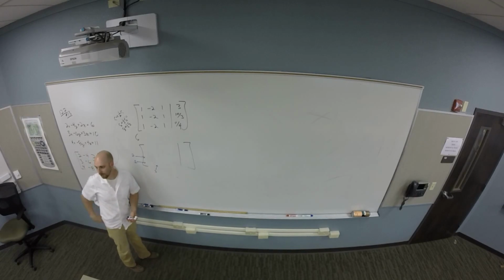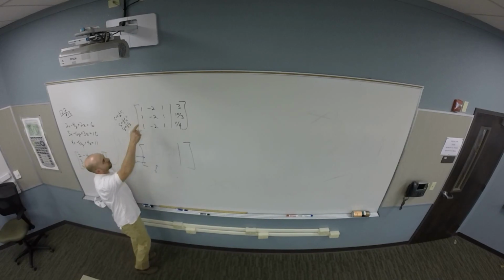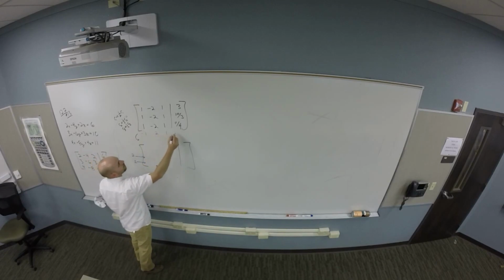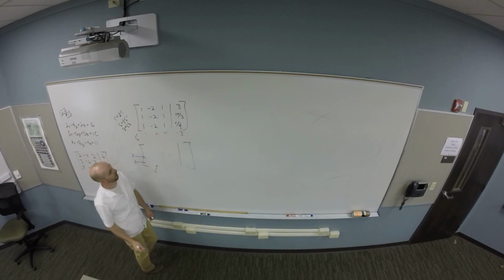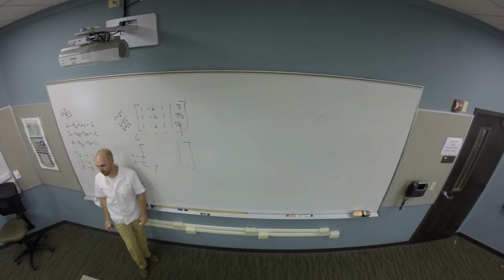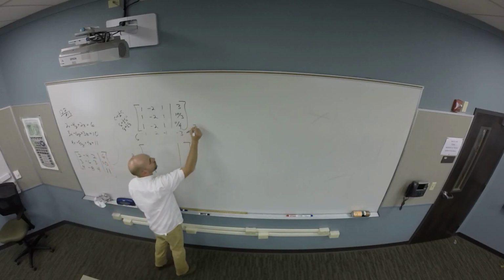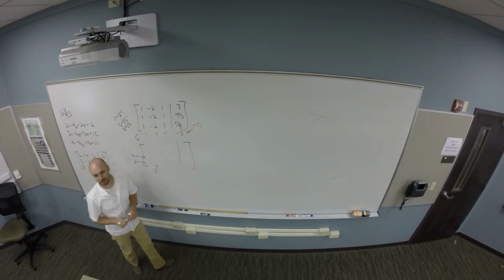On this one, it's going to work a little differently because I'm going to think to myself, okay, minus the first row is minus 1, 2, minus 1, minus 3, right? You guys see that? That's smart to do. So that's minus row 1 there, right?